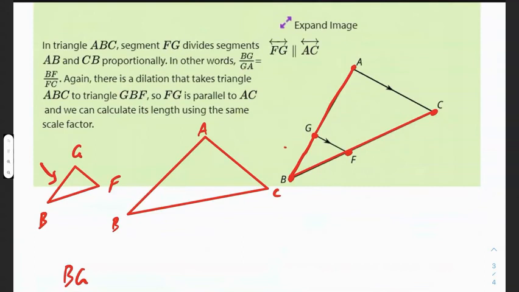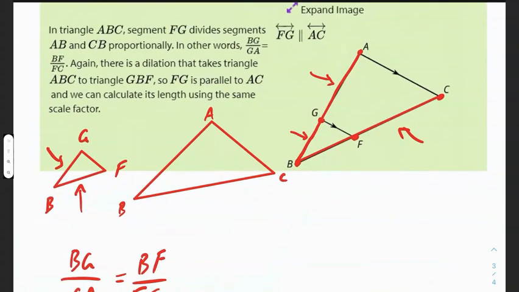Okay, so this side is to that side, and BF, which is this side, should be to FC.